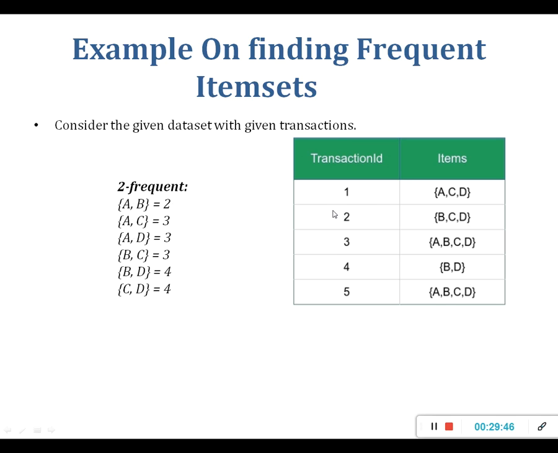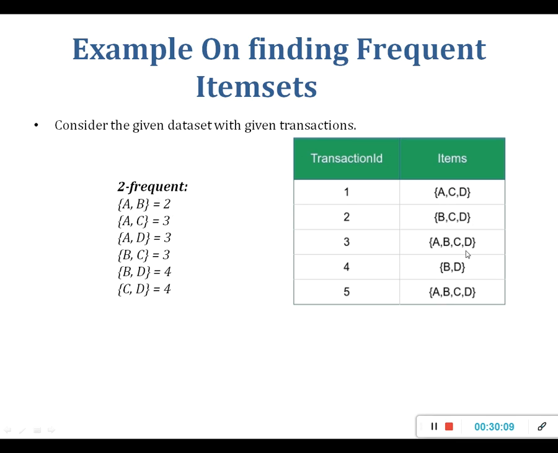What is the two frequent now? Two frequent means we have to take the combination of two: AB, AC, AD, BC, BD and CD. The meaning of DC and CD are the same, so we are considering it only once. If I am talking about AB, how many times is it occurring? Here 1 and here 2, so 2 times.